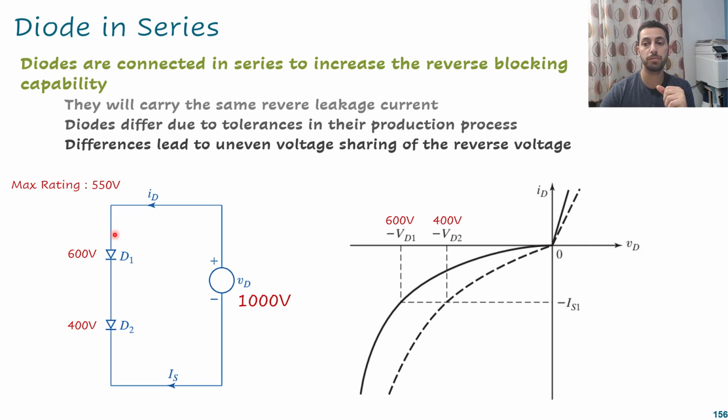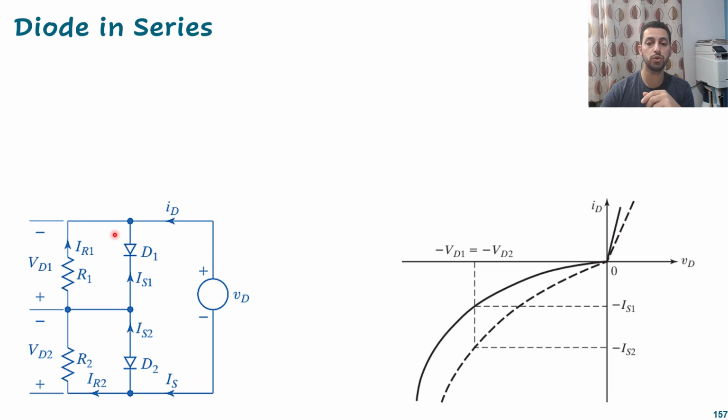To solve this problem, we use parallel resistors, called sharing resistors or balancing resistors, like this. The first resistor is across the first diode and the second resistor is across the second diode.